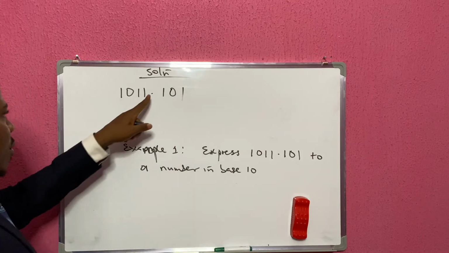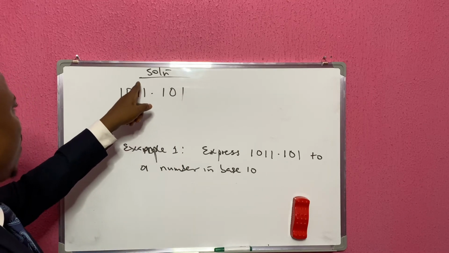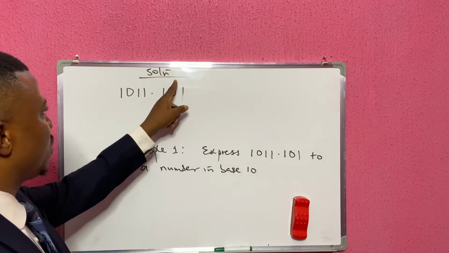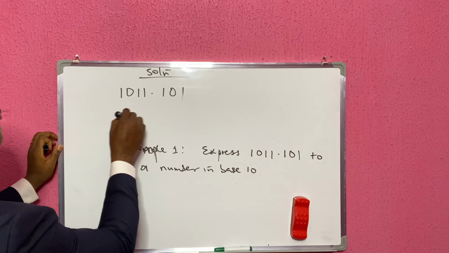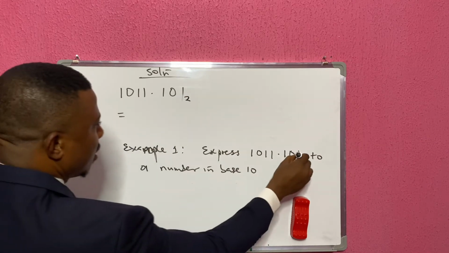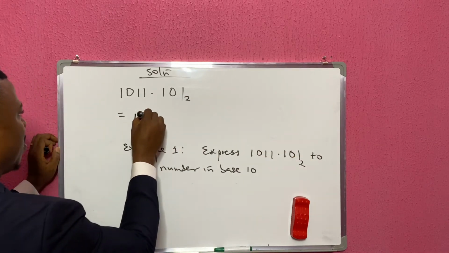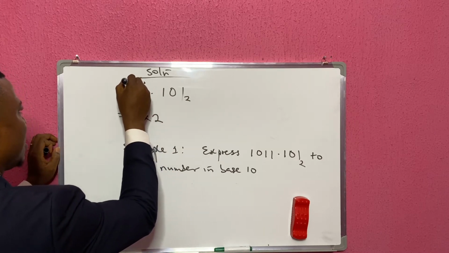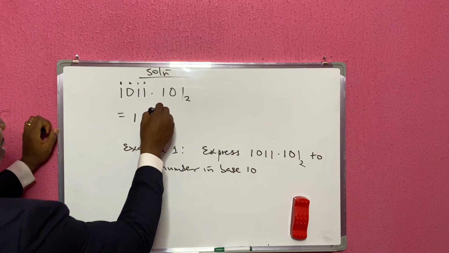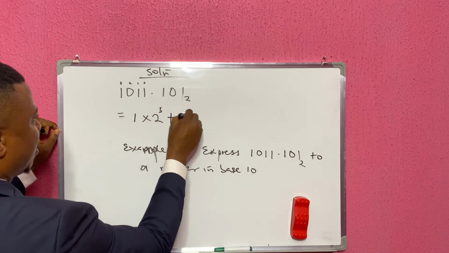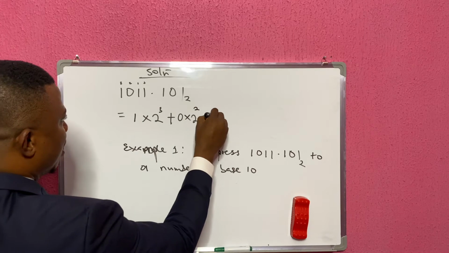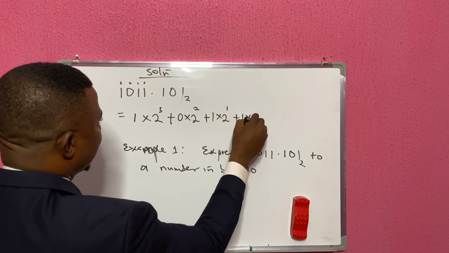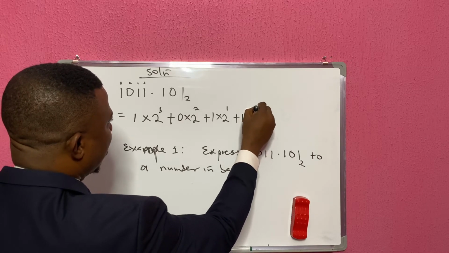1011.101. From the dot, we count 0, 1, 2, 3. From the dot to the right hand side, we count -1, -2, -3. Then we say that 1 multiplied by this base, 2 raised to power 3, plus 0 times 2 power 2, plus 1 times 2 power 1, plus 1 times 2 raised to power 0.